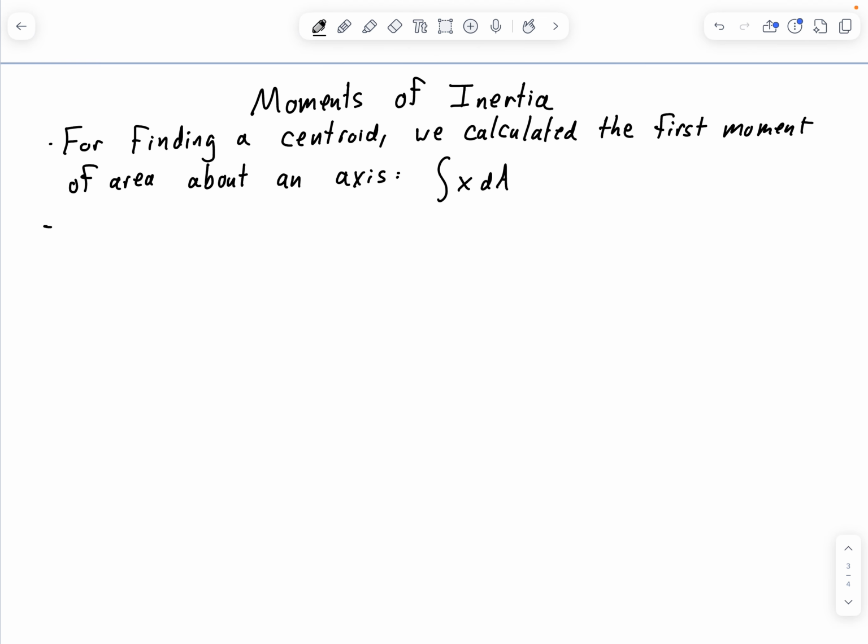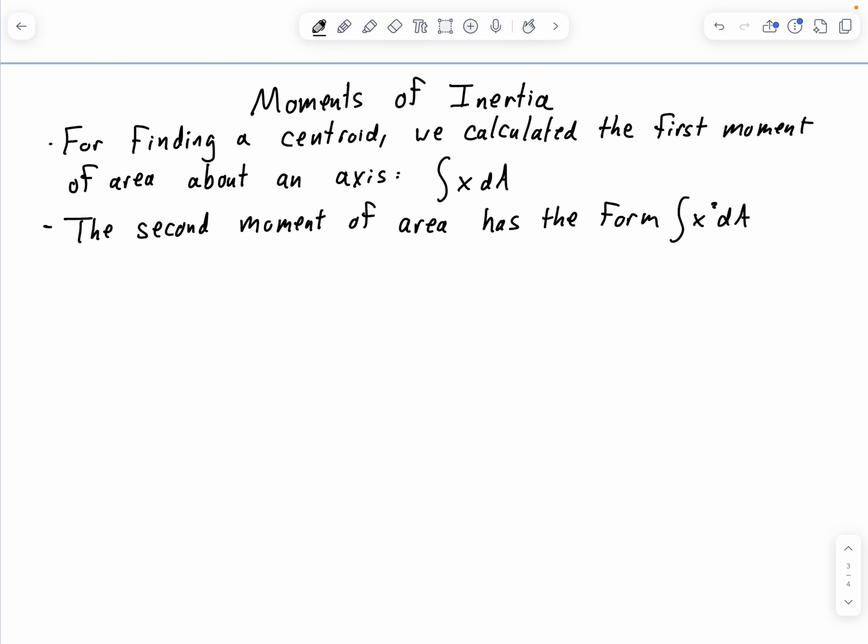So that's the first moment of area about an axis. The second one has a similar form. So it has the form of an integral of x squared dA. And this one also has a different name.